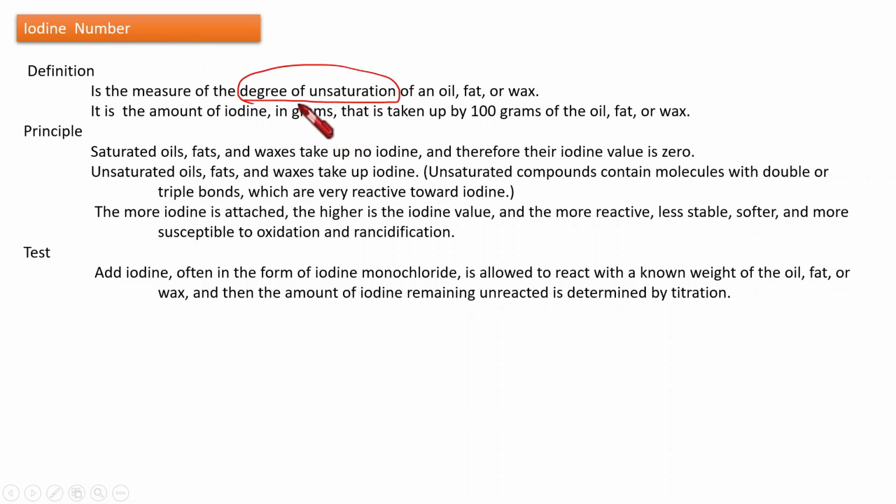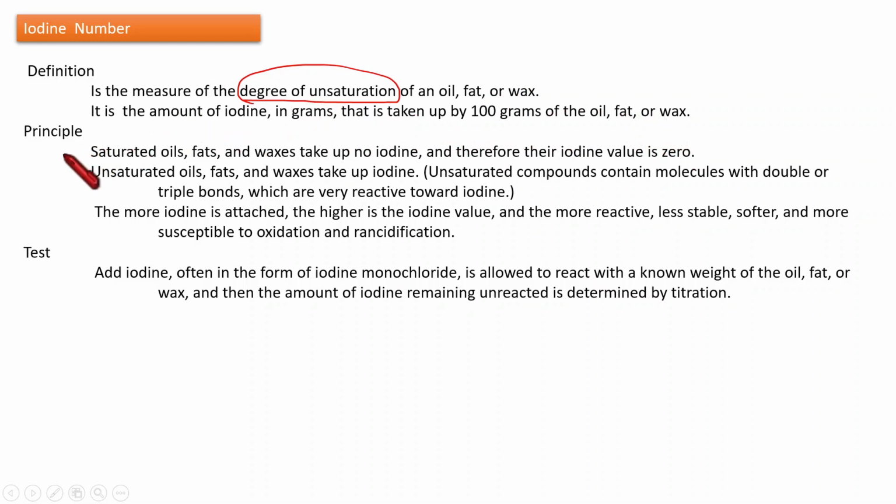So, as that fat becomes more unsaturated, it can take that much amount of iodine. That is what is written here. It is the amount of iodine in grams taken up by 100 grams of oil, fat, or wax, whatever it be.